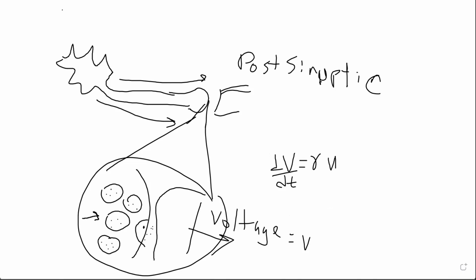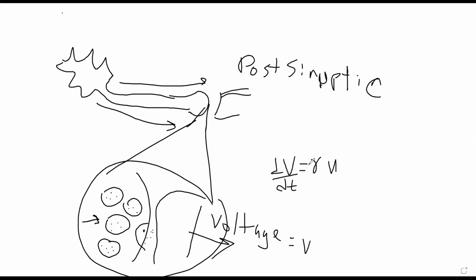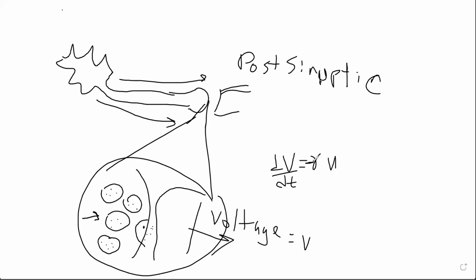Cesar, but that should be a negative coefficient in front of the... I think. Yeah, why? Because the voltage is decreasing over time, because there's some charge that can be getting out from the cell.